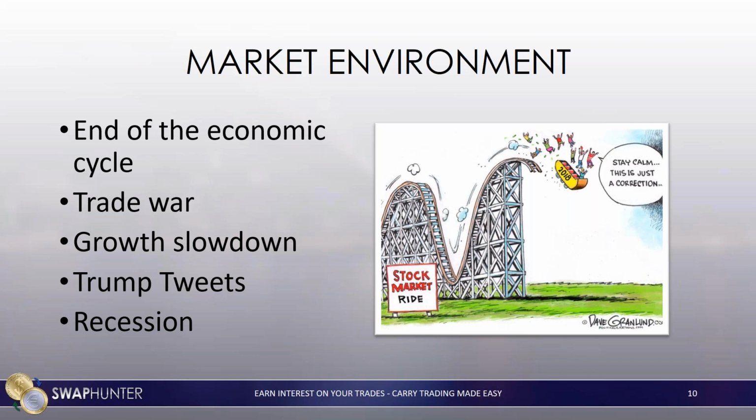It has been effective in the past 9 recessions. They predict an upcoming recession within 20 to 22 months. So that's what we're looking at right now. This is the market environment we're trading in: very unpredictable, very unstable, very volatile.